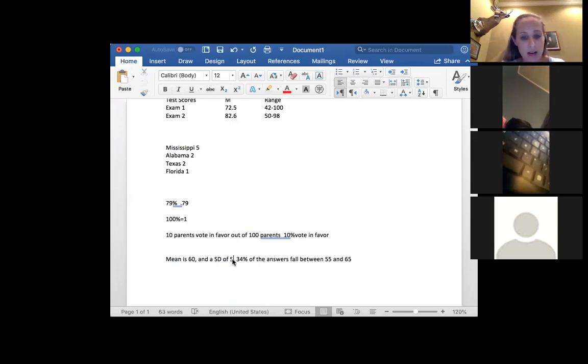You're standing in one spot and go that many paces left and that many paces right. Does that make sense? That's basically what I did. I just took the mean and subtracted or added to get my basic range. So you're standing in one spot and you go one standard deviation to the left, one standard deviation to the right. I feel like it's like the cha-cha-cha or whatever. So a little to the left, a little to the right.